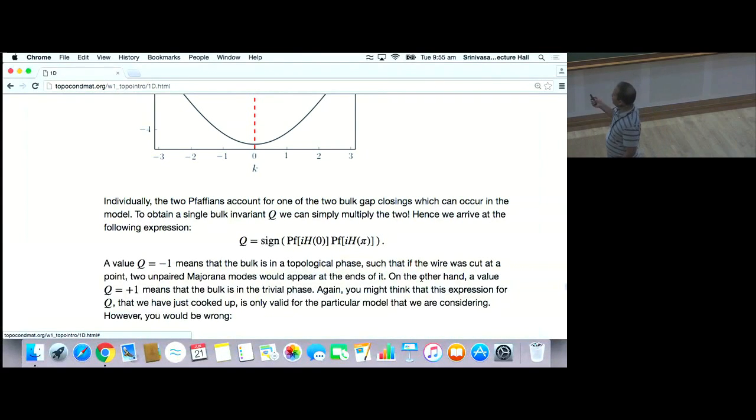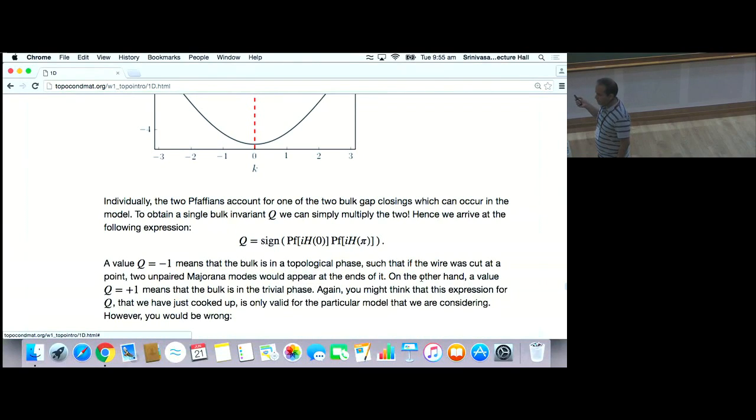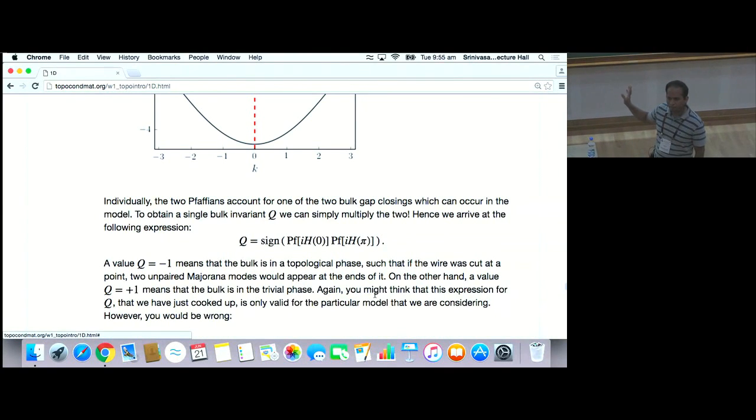Based on that, you can argue that this is the probable topological invariant. The trouble is we still don't know which one is trivial and which one is topological. Actually, that was a little quick, but it was roughly okay. Any questions?